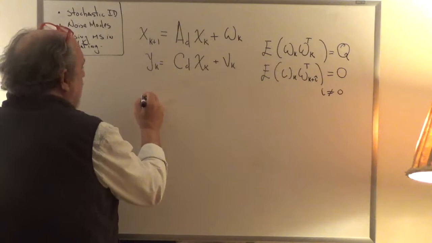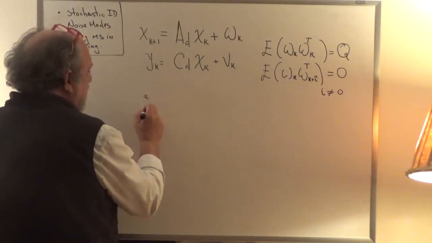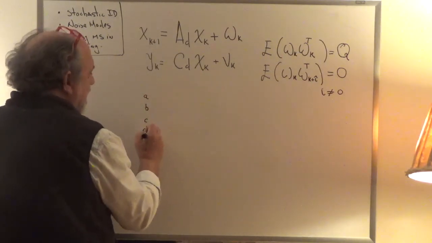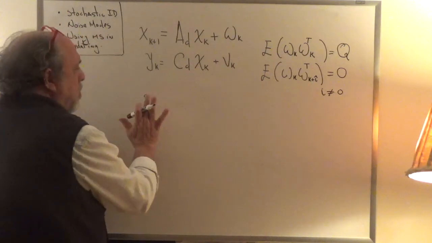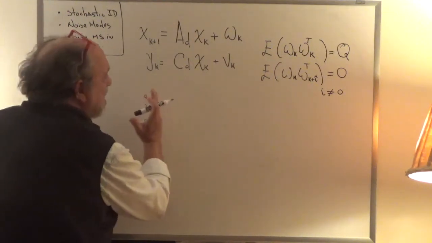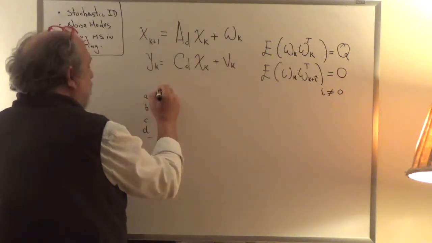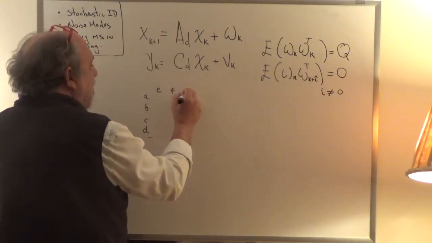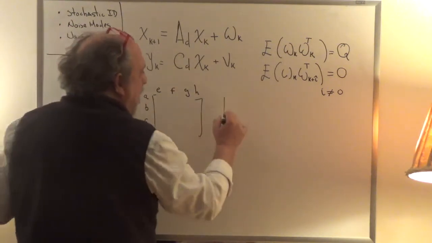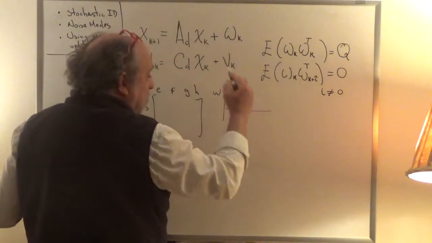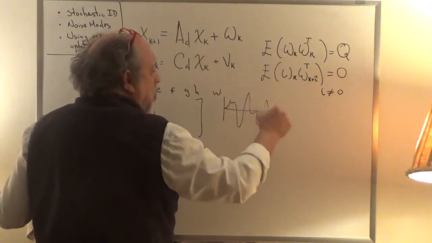However, if we take omega, which is A, B, C, D, and we don't multiply it times its transpose, we multiply it times another omega that is shifted in time. So this is E, F, G, H, right? This is omega, it's a vector, but I'm going to show it here as if it were a scalar.